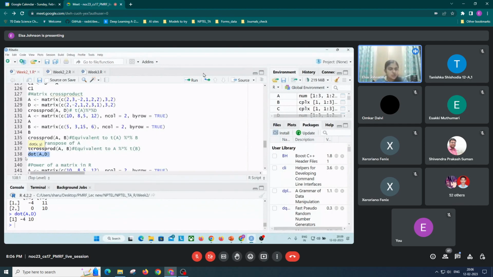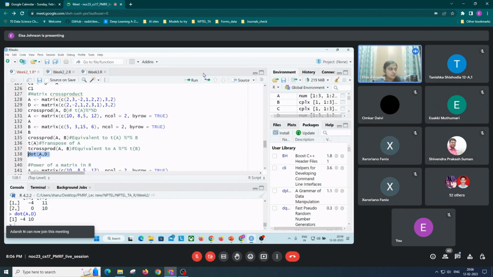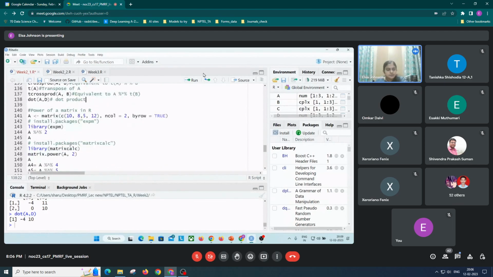You need to install a package. It is there in the pracma library. Okay, Soundarya, is this clear? I'll be coming to that later, so we'll move on.